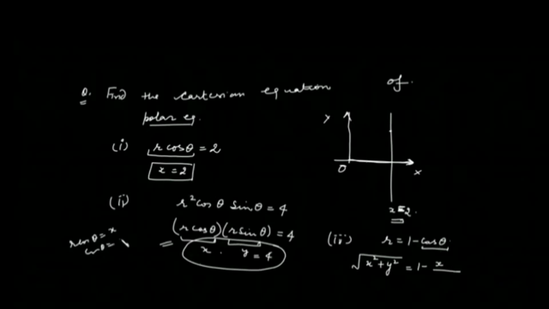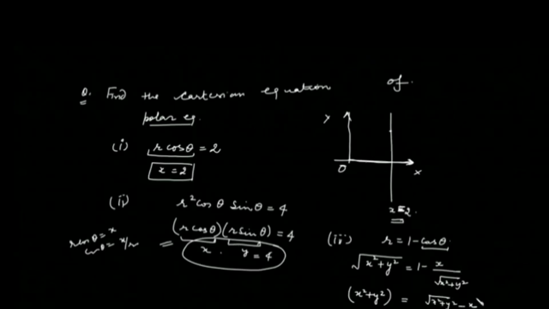So this will be x upon the square root of x squared plus y squared. We can simplify this more, again squaring both sides.